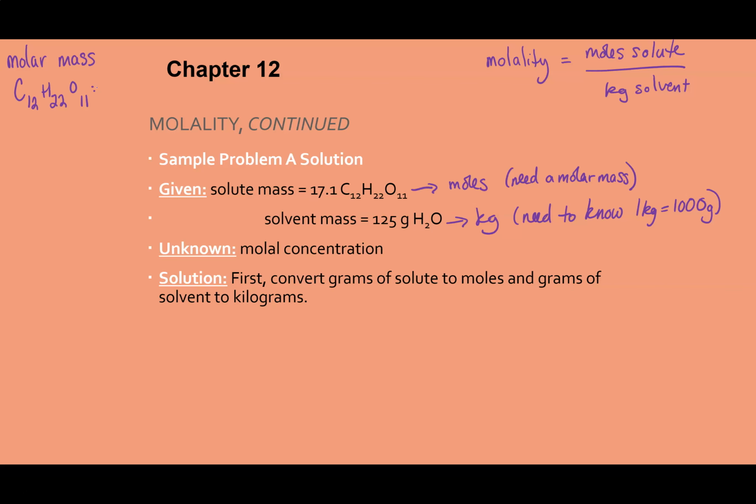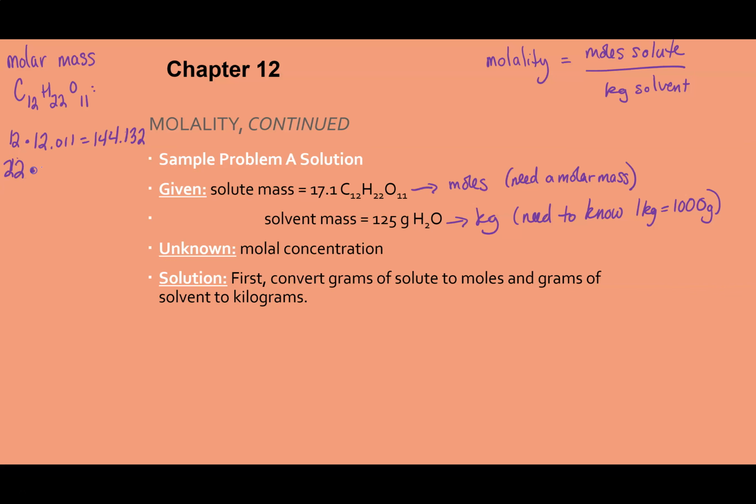Starting with carbon, 12 times its mass, which is 12.011. You have your calculator, you can be doing this on your own. You don't need me to show you how.